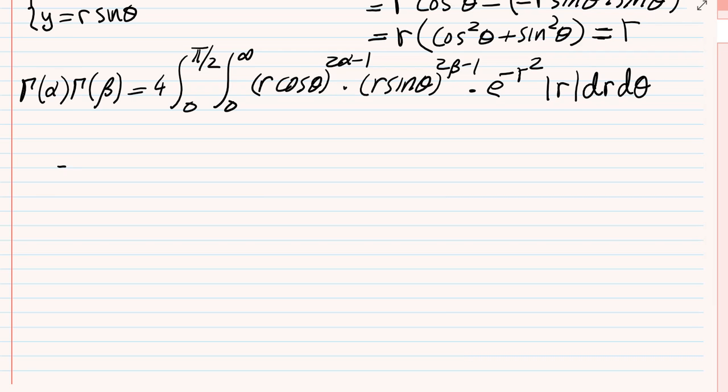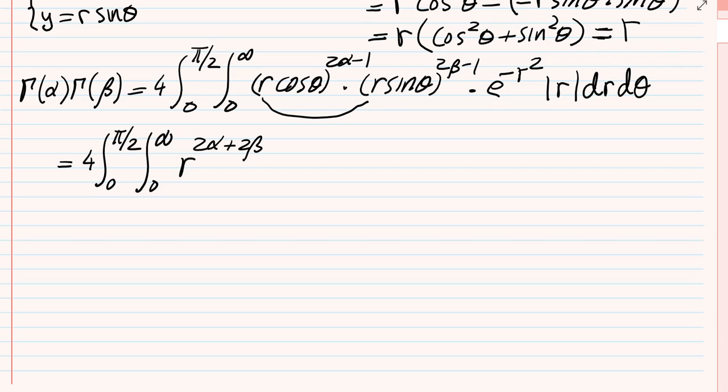And then this is going to become the integral from 0 to pi over 2, 0 to infinity of, here we can combine the r's. We get r to the 2 alpha plus 2 beta. I'm combining these r's, and remember there's an r here from the Jacobian. So the exponent is going to be 2 alpha minus 1 plus 2 beta minus 1 plus 1, which makes it 2 alpha plus 2 beta minus 1.